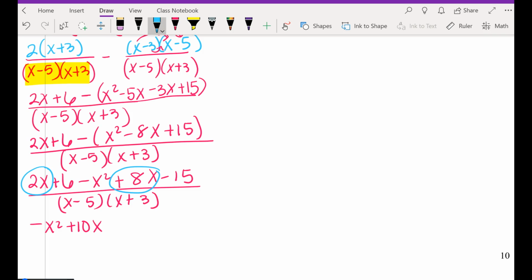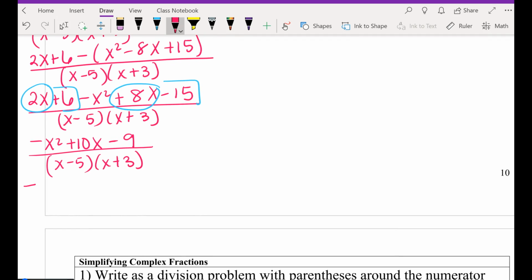Negative 9. Beautiful. All over your common denominator. Then, of course, we have to check to see if it's factorable.